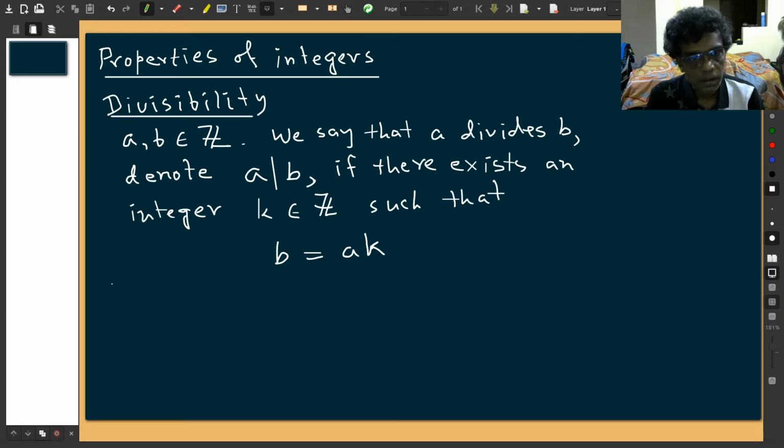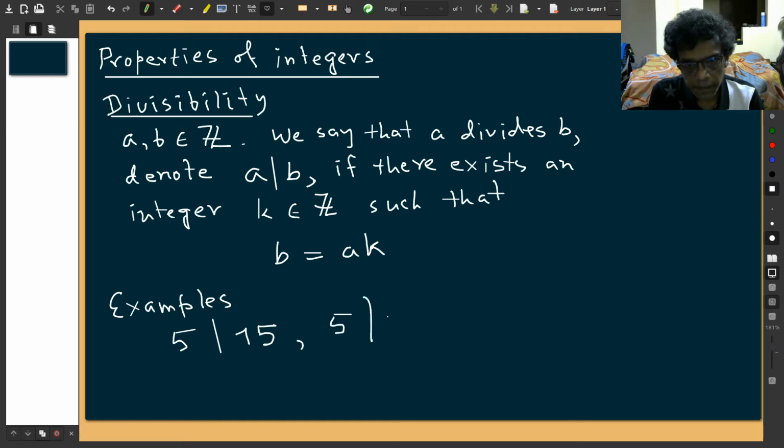But this is a little bit more general. So here are some examples. Let's say 5 divides 15. 5 divides minus 15.